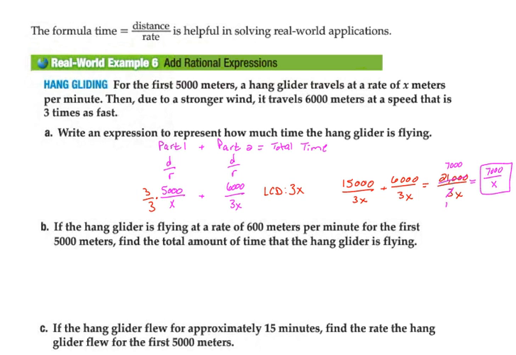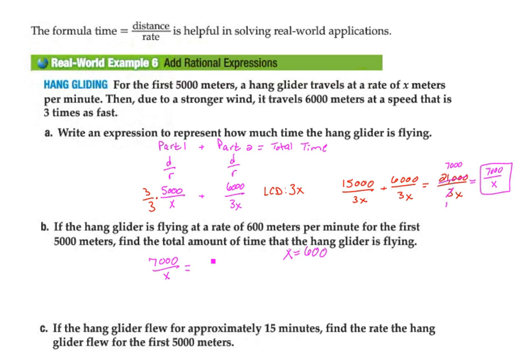Okay, so if the hang glider is flying at a rate of 600 meters per minute for the first 5,000 meters, we're supposed to find the total amount of time that the hang glider is flying. So what are they telling us? They're telling us the rate of this first part, which is x meters. So they're telling us that x actually equals 600. Well, lucky for us, we actually have this simplified down, 7,000 over x.